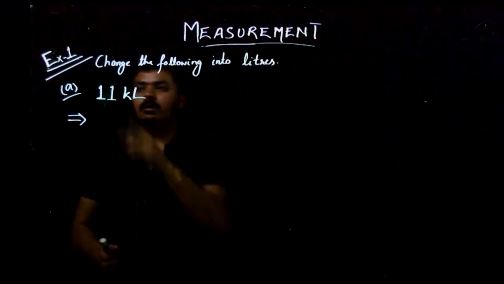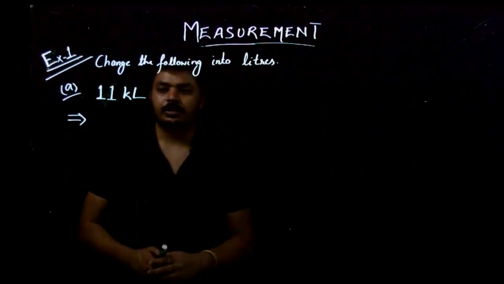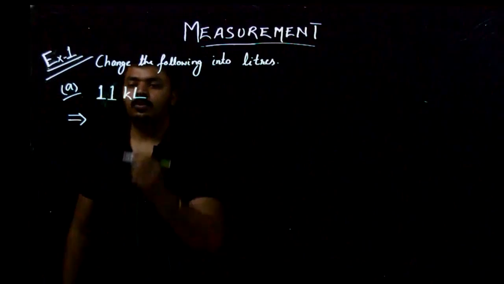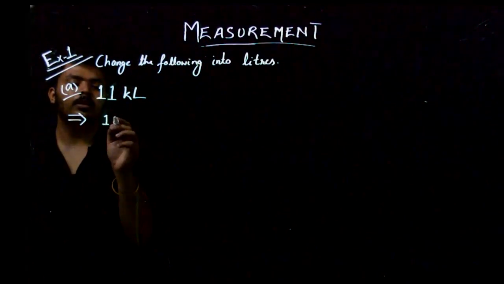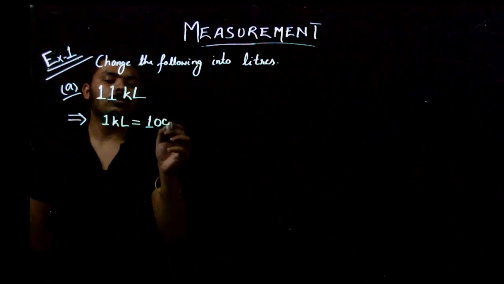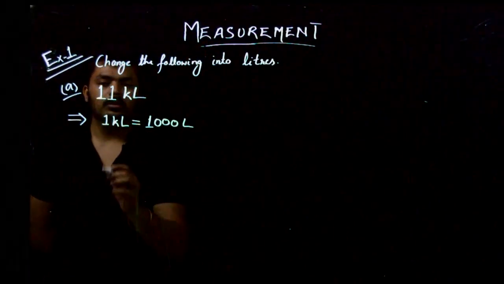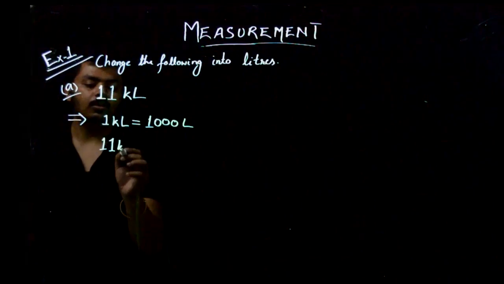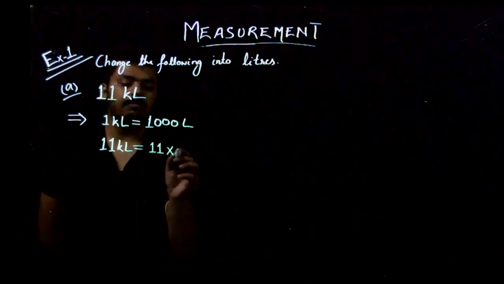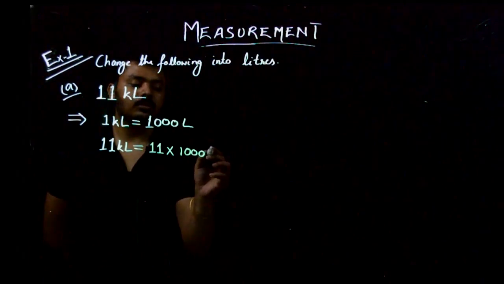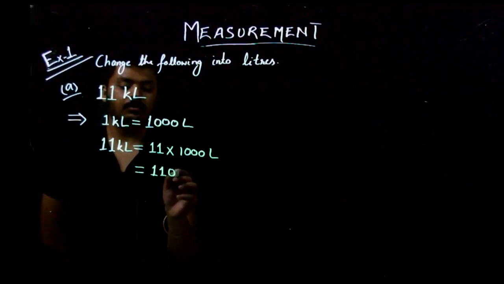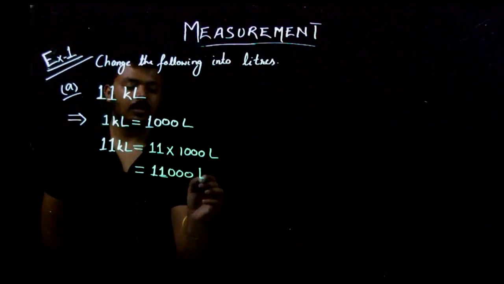Now let's look at example number 1. Change the following into liters. So let's start with part A, 11 kiloliters. We know that 1 kiloliter is equal to 1000 liters. So 11 kiloliters will be equal to 11 multiplied by 1000 liters, which is equal to 11,000 liters.